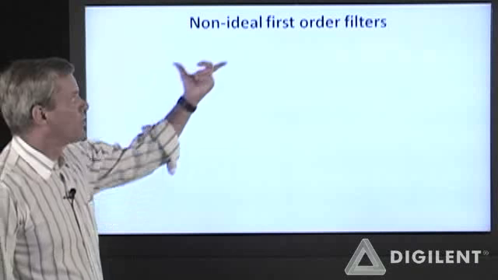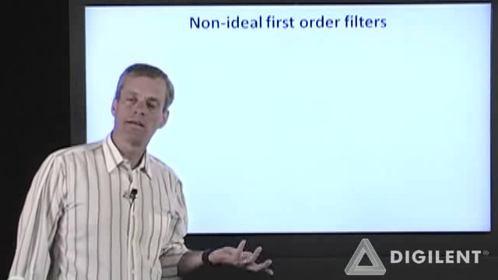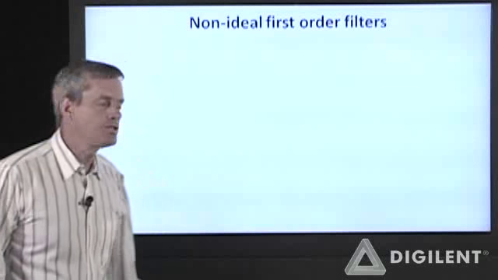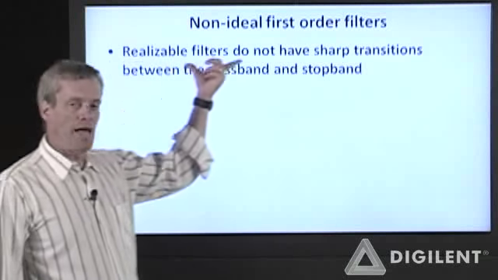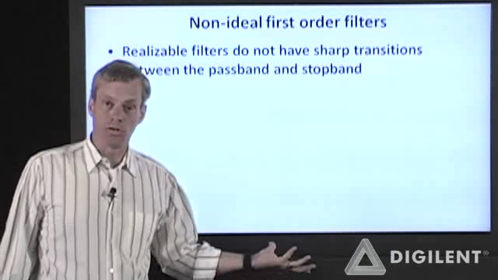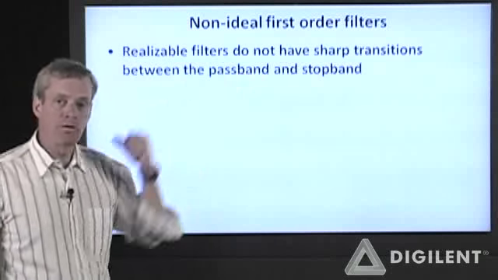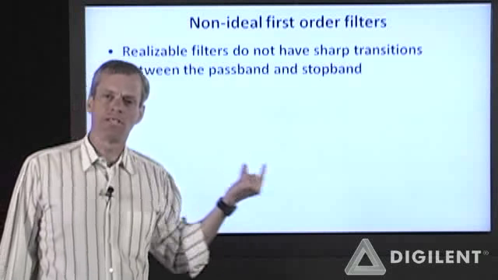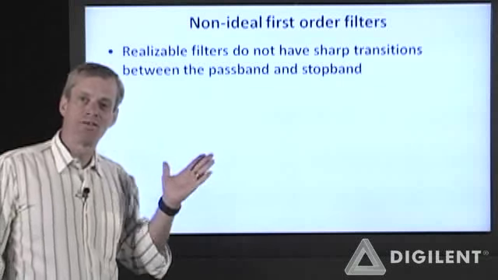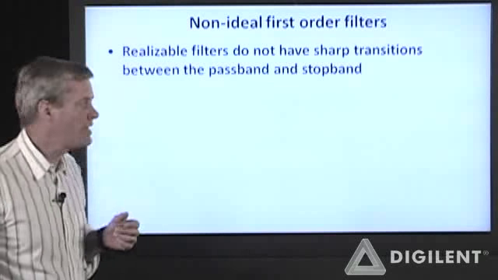Now let's talk a little bit more about non-ideal filters and what we want to define as the cutoff frequency for a non-ideal filter. So realizable filters, by which I mean a filter that I can actually build a circuit to implement that function, don't have sharp transitions between the pass band and the stop band. So you have this little transition region that's neither really passing nor stopping signals, they're just attenuated to some degree.